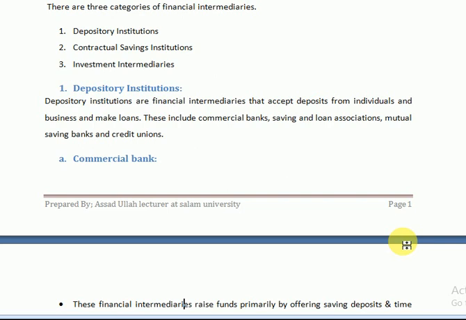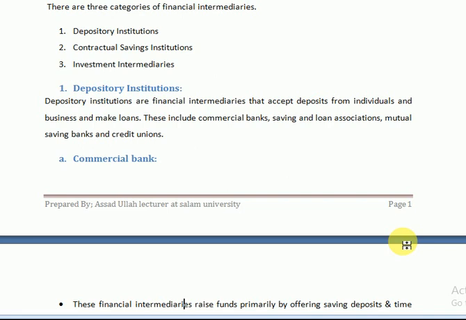These institutions include commercial banks. They are also called thrift institutions: savings and loan associations, mutual savings banks and credit unions.